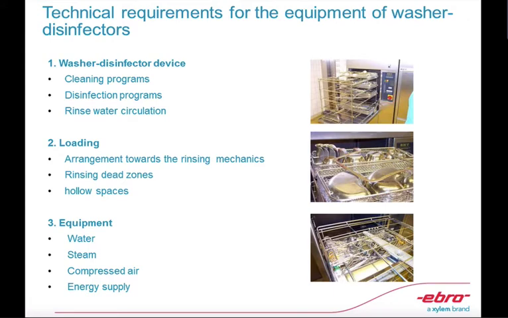The washer disinfector device is number 1. Actually, this is the most important requirement for me, which refers to the cleaning programs and disinfection programs and the rinsing water circulation. Second is more academic because this is purely guided by your SOPs in the CSSD, the loading configurations.